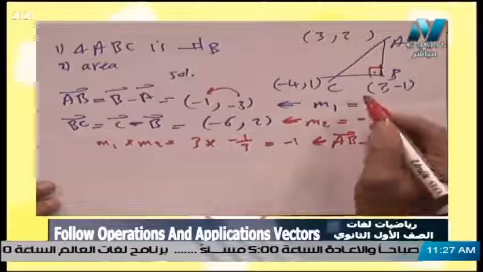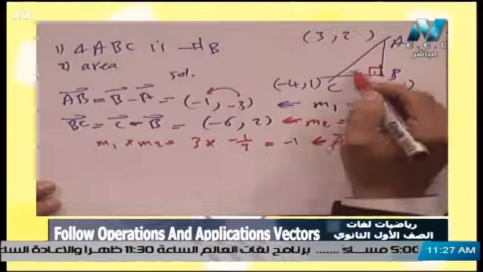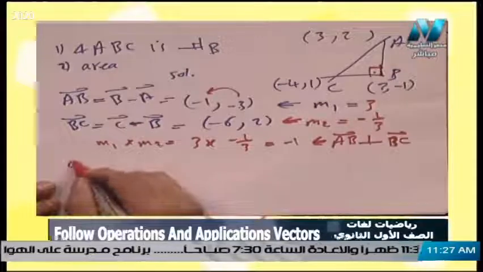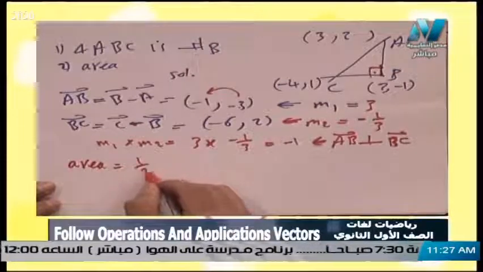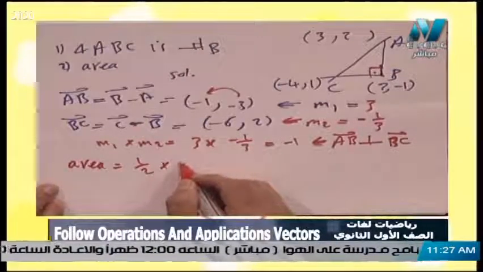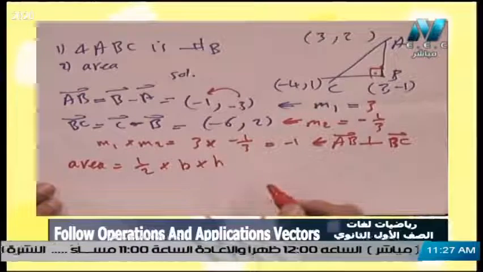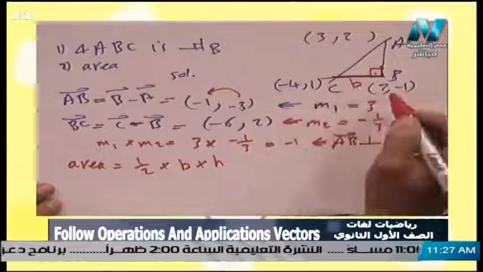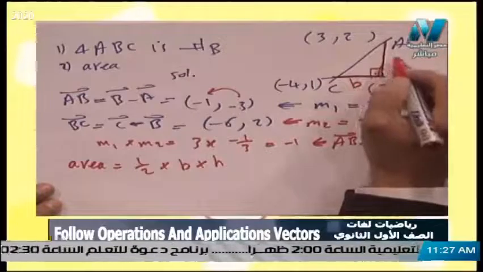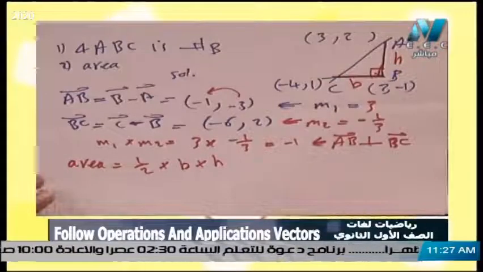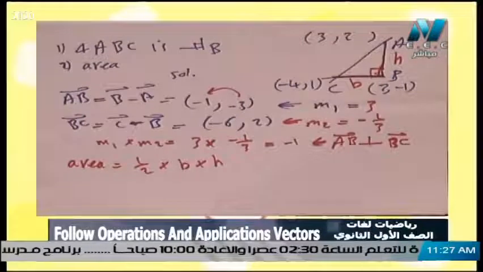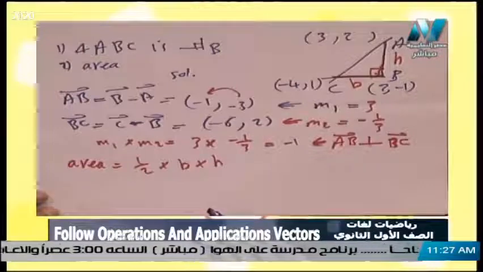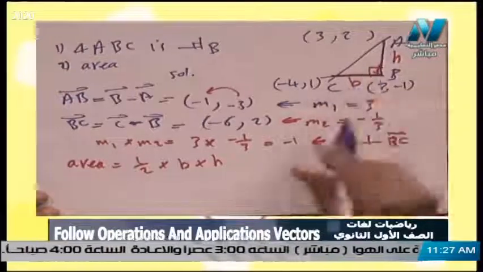And you know that the area of the triangle equals half times base times height. Which is the base? The base is BC and the height is AB. We must calculate the magnitude of BC and BA.